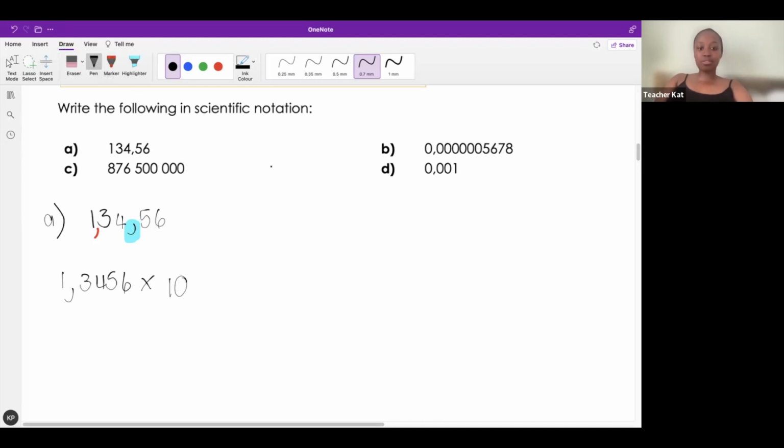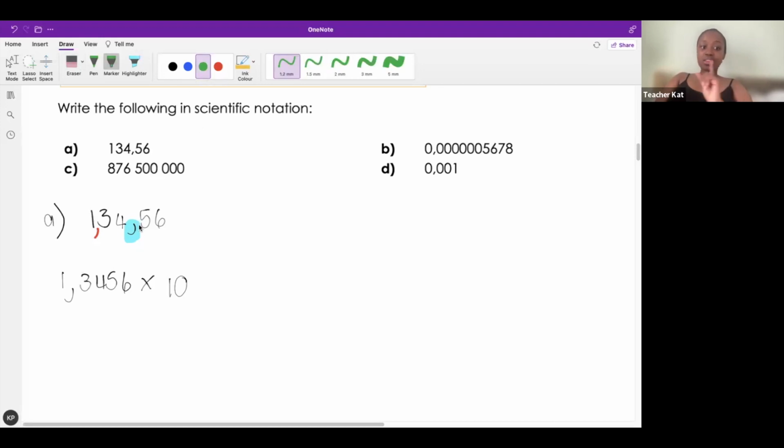Okay, what's next? How many times did we move our comma? Look where it was and where it is now, guys. It was over here. You have to look at where the comma is, right? There we go. We moved it twice. Don't look at the whole number.